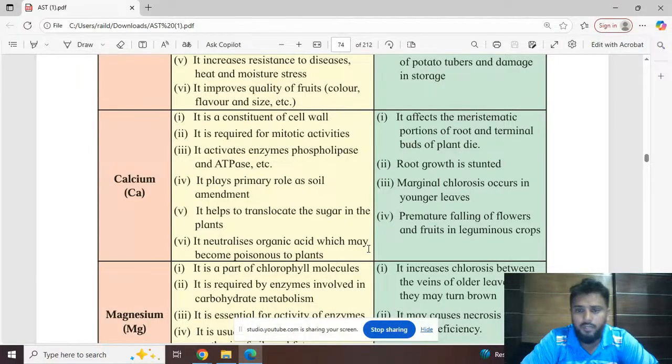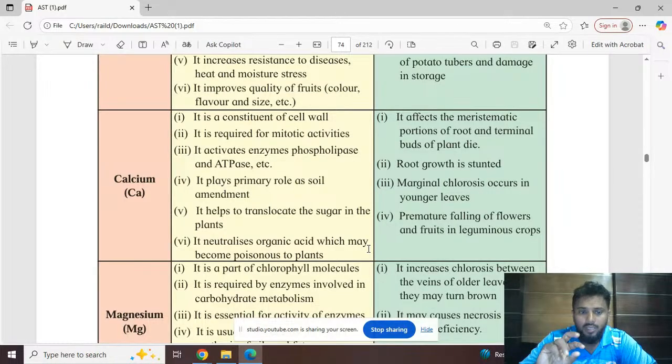Deficiency symptoms: it affects the meristematic portion of root as well as terminal buds of the plant. They die if there is deficiency of calcium. Roots remain stunted. Okay? Roots are not fully grown. Then there is marginal chlorosis. Marginal chlorosis means what? The margins of the leaves change in color from green to yellow.